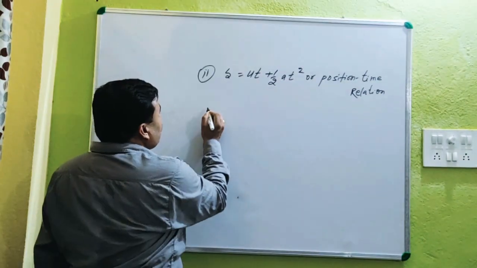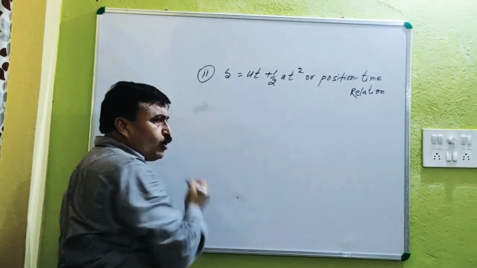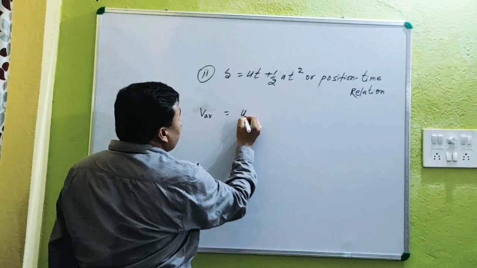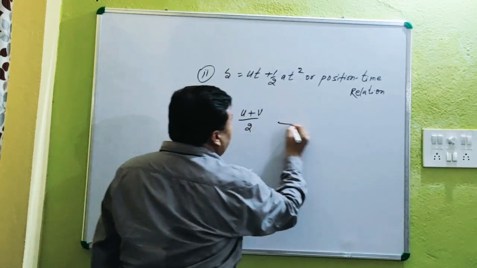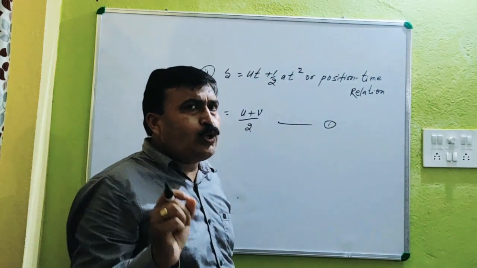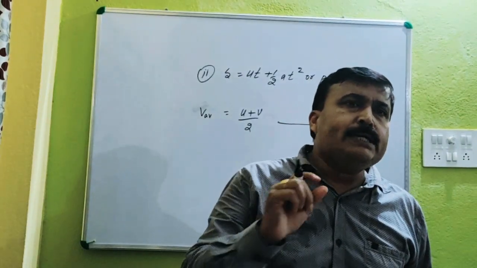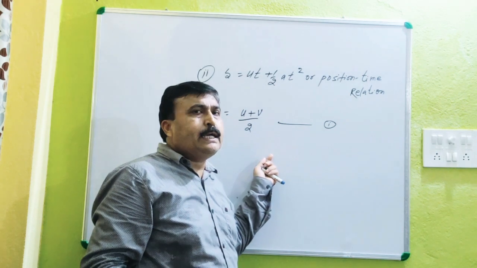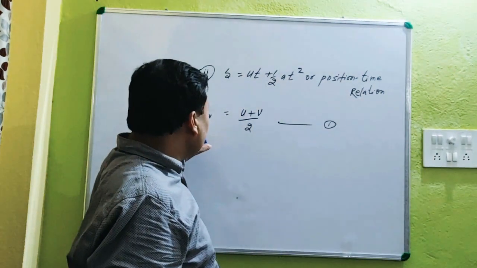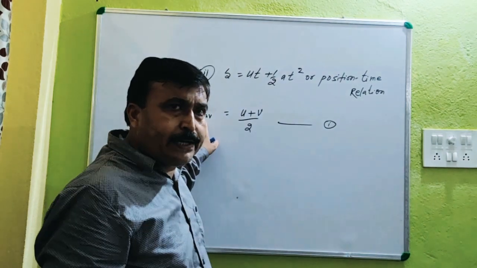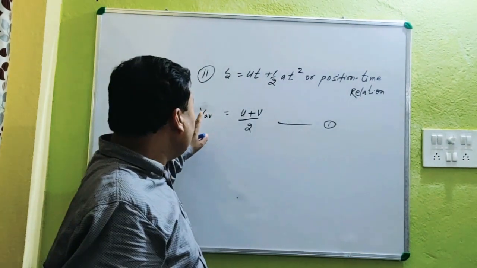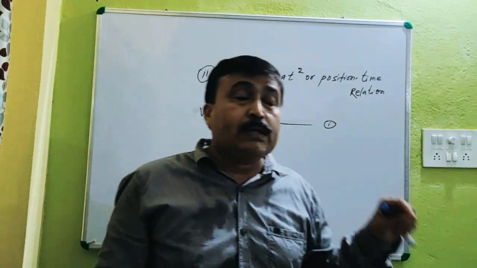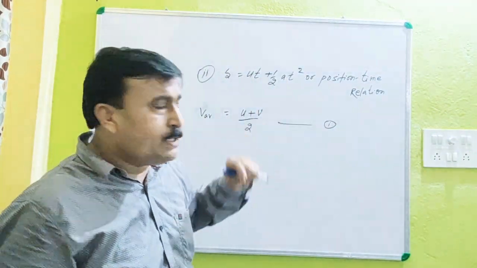First, in case of uniformly accelerated motion, V_av equal to the mean of initial velocity and final velocity, that is (u plus v) by 2.